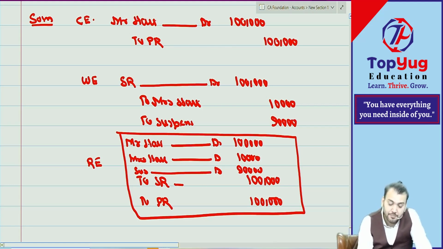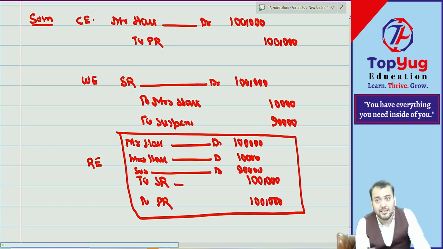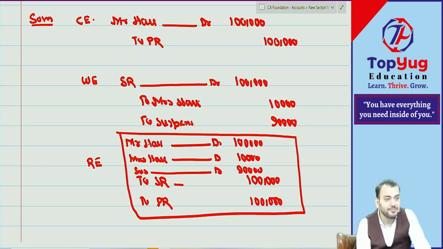Mr. Hari should be debited, so we have debited Mr. Hari by 1 lakh. But Mrs. Hari was wrongly credited by 10,000, so now debit Mrs. Hari 10,000. The difference will be 90,000, which is nothing but the suspense account. The suspense account was initially created; now it will be closed by debiting it. That is the rectified entry.